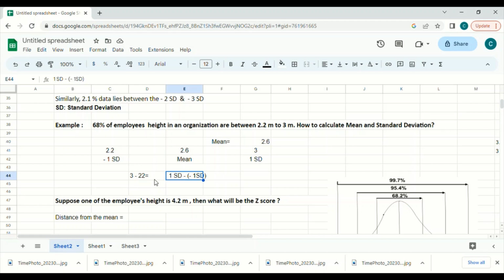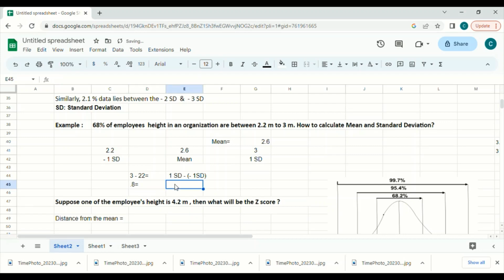Therefore, we will get 3 minus 2.2 will be equal to 0.8 meter, and 1 standard deviation minus -1 standard deviation will be equal to 2 standard deviation.